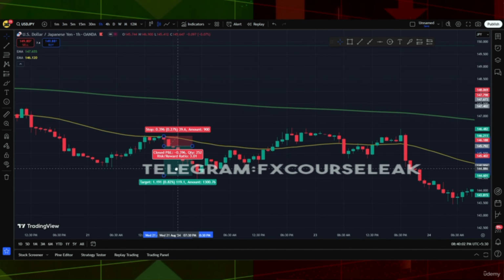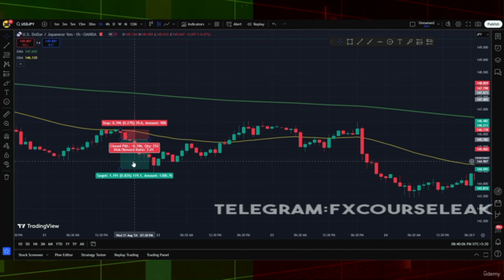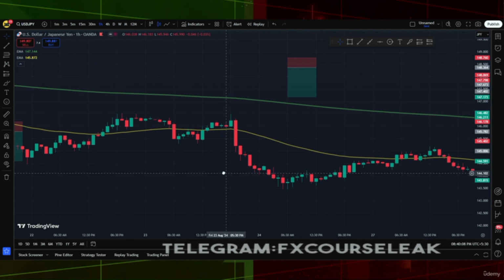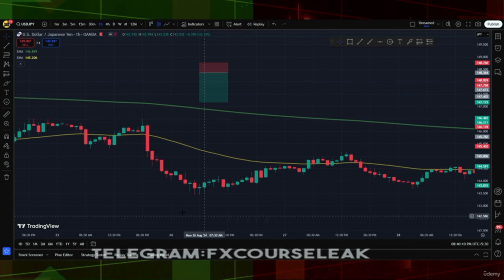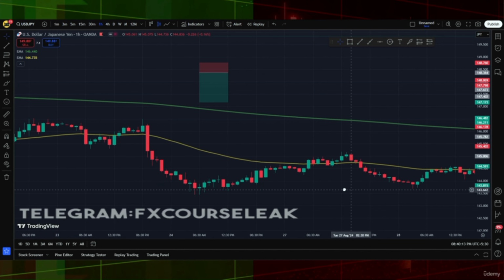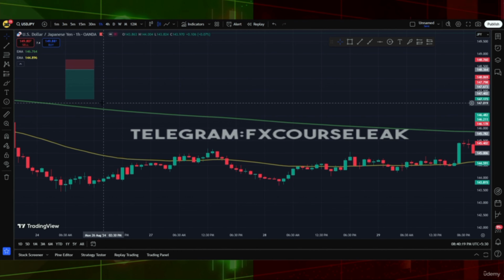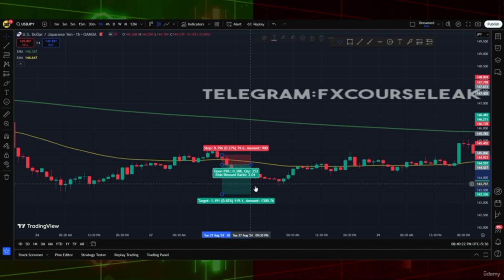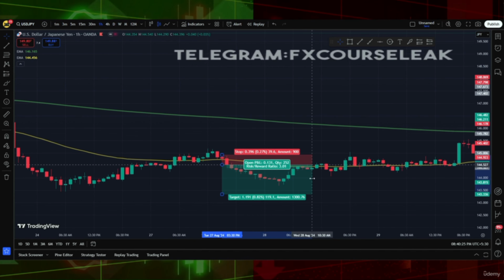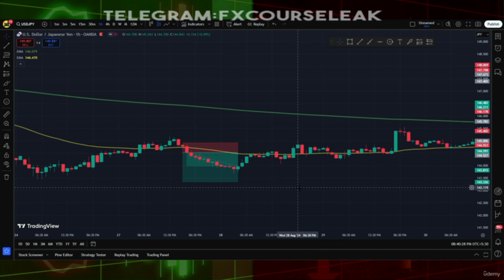We see one right here, and it went into the stop loss. We spot one right here again, and this was a losing position as well.